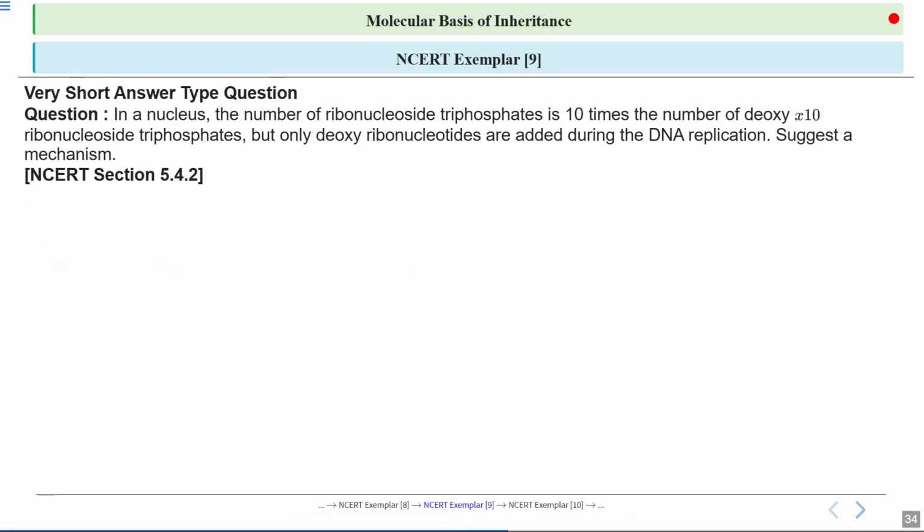Clear? Next question. In the nucleus, the number of ribonucleoside triphosphates is 10 times the number of deoxyribonucleoside triphosphates, but only deoxyribonucleotides are added during DNA replication. You have to suggest a mechanism for this. So let's have a look at the answer.